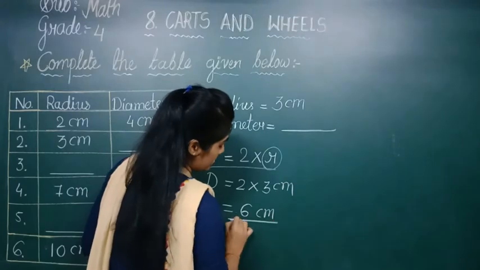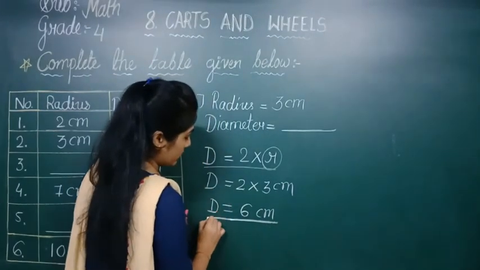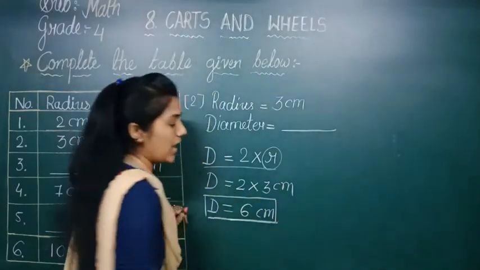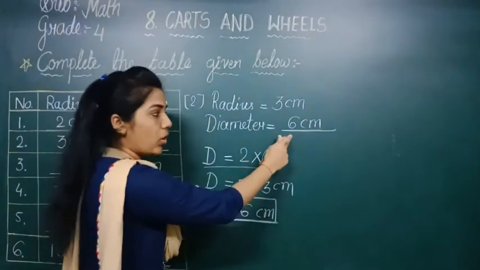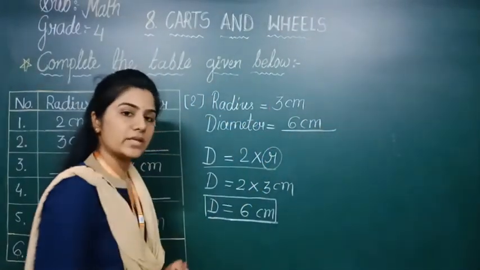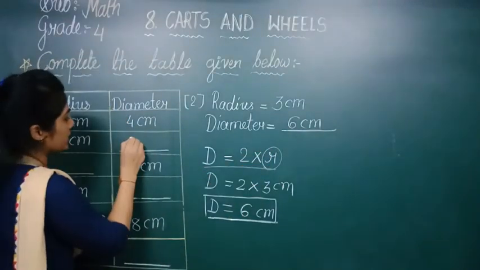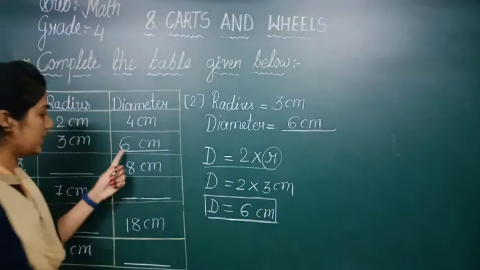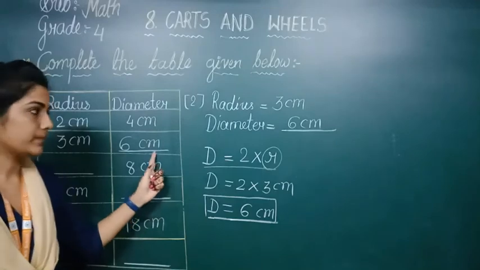Backside this centimeter you have to write. So D is equal to 6 centimeter, which is our answer. So it is always double the radius. This is your answer, so the same answer I am writing here, 6 centimeter, right? 3 centimeter radius and 6 centimeter diameter.